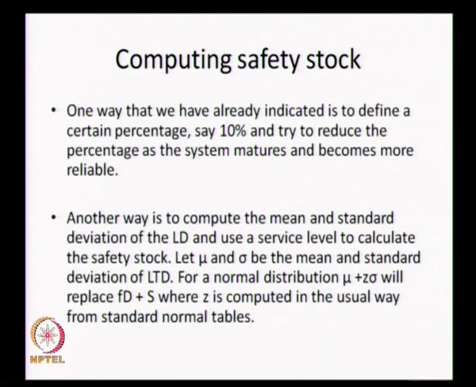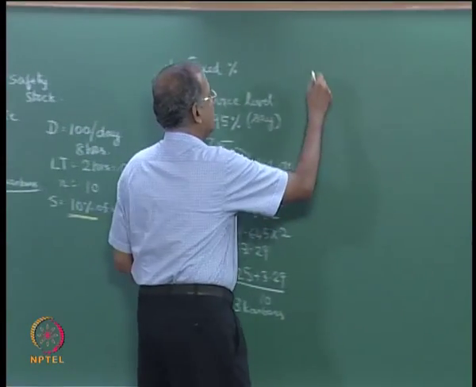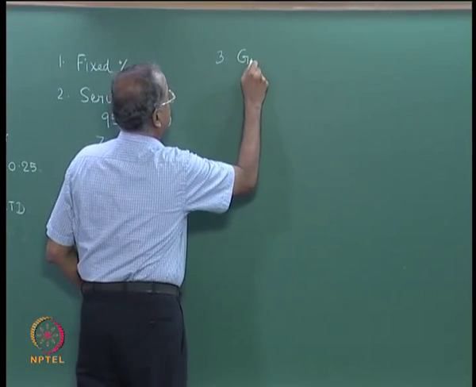So, if sigma is 2, then the safety stock S will be equal to 1.645 into 2, which will be 3.29, and K will become 25 plus 3.29 by 10, which will give 3 Kanbans.